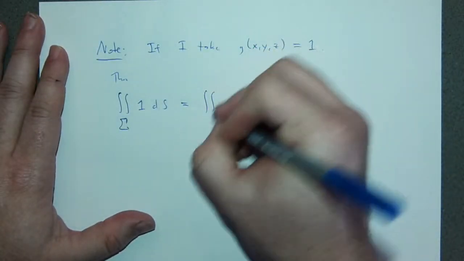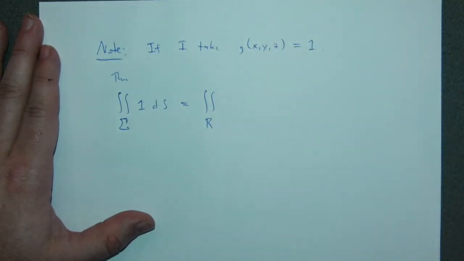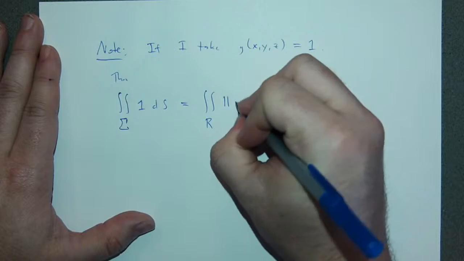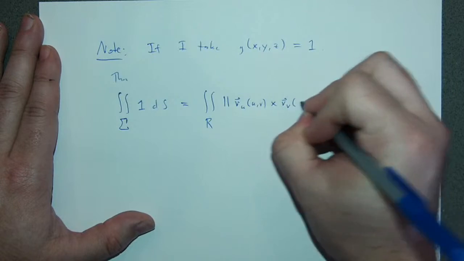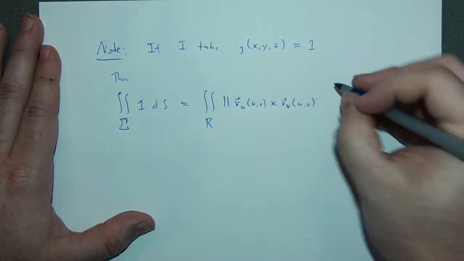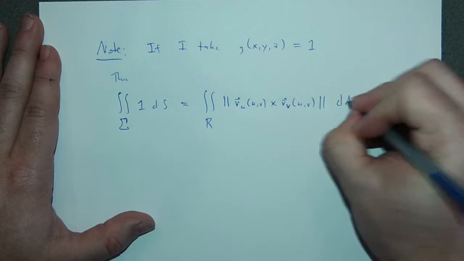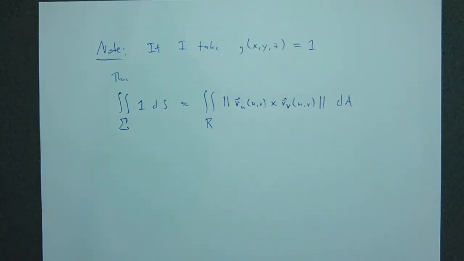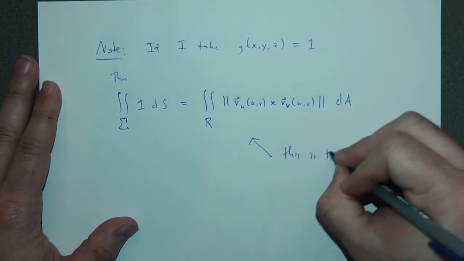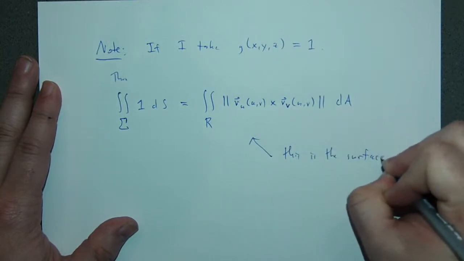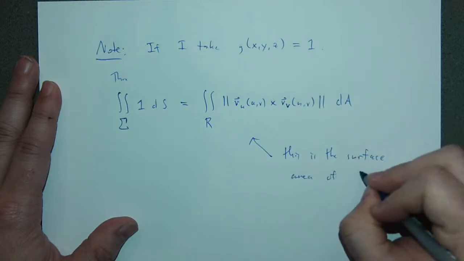So this is the double integral over R, that's the world where the parameters live, of the norm of r sub u of uv cross r sub v of uv, dA. But what is that? We've actually seen this exact double integral before. This is surface area. So this is the integral that computes the surface area of sigma.